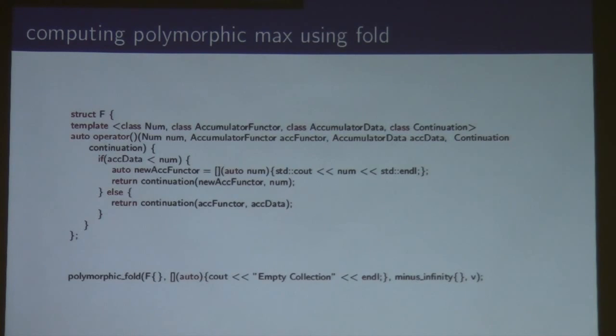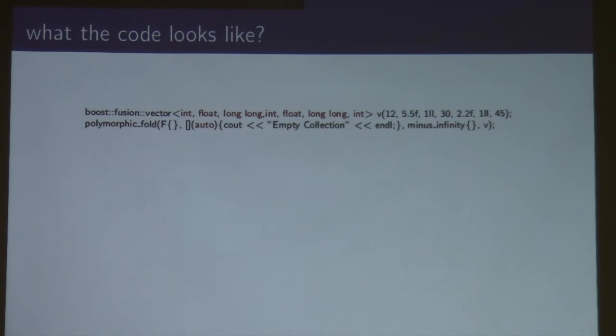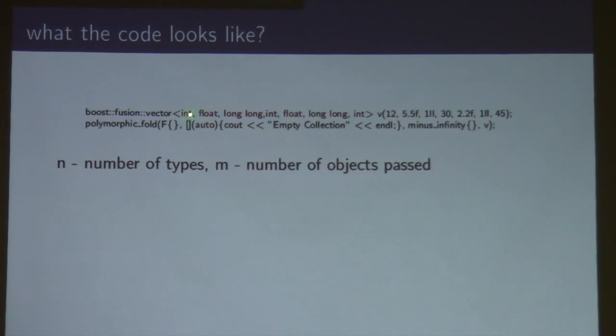So we did it, and we use exactly the same technique to write our best improving. Okay, so maybe I'm supposed to speed up. It's a really interesting exercise to see what's going on here. So assume we've got this call, and let's denote n as the number of different types. Here we've got 3 different types. We only use int, float, and long. And m is the number of objects passed.